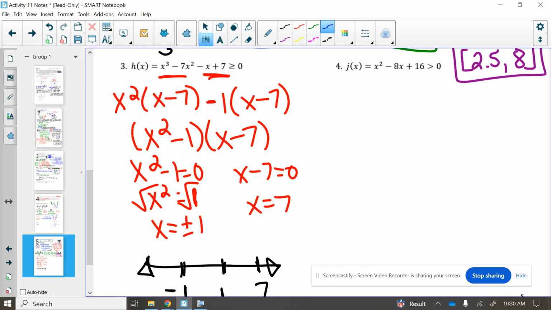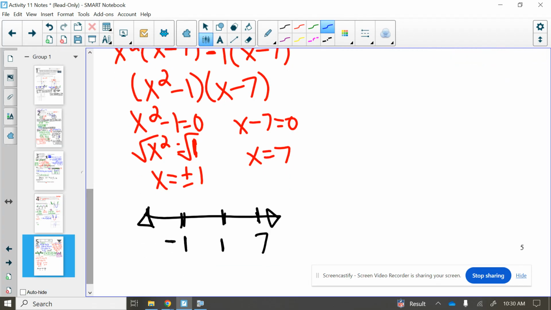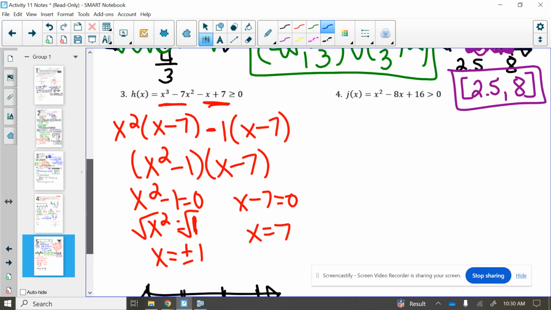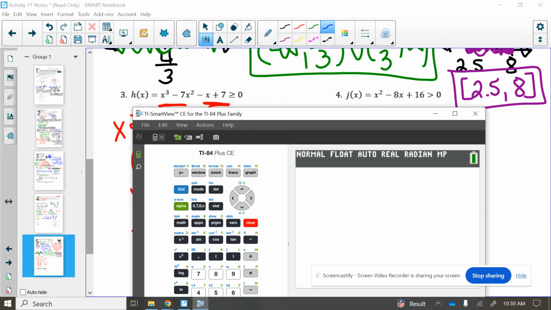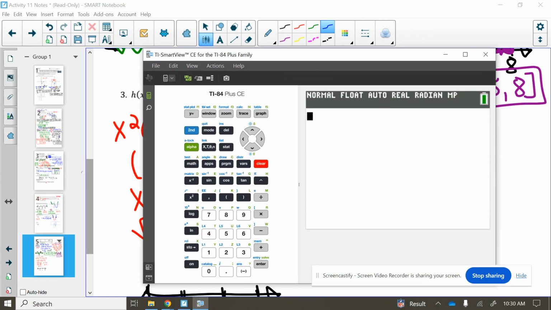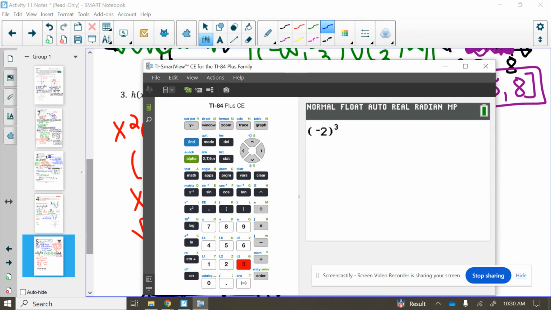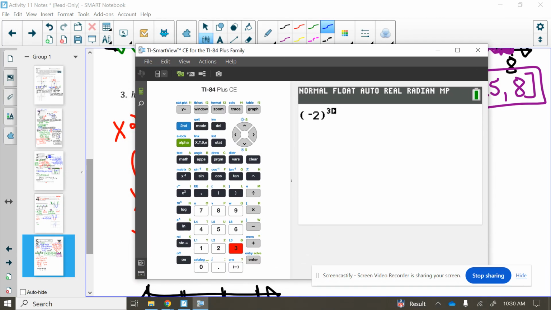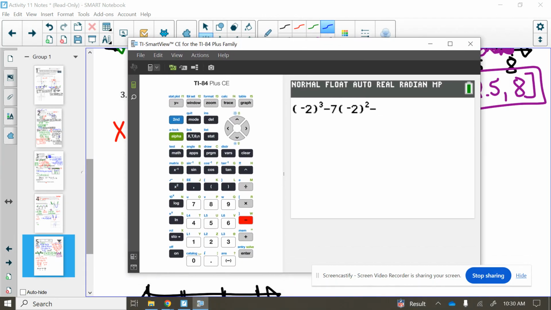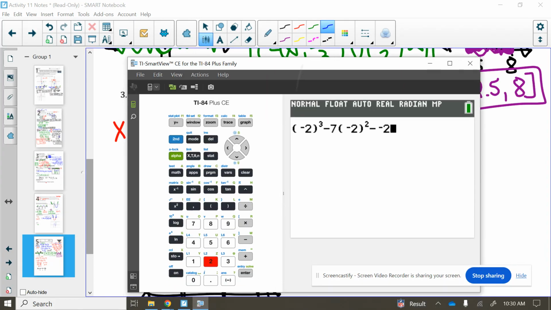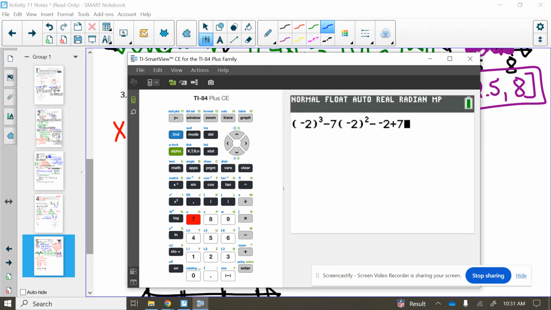If I plug in a number less than negative 1, let's say negative 2, and again, be very careful of how you're using your parentheses here, I would plug in negative 2 to the third power, minus 7 times negative 2 squared, minus negative 2, plus 7.